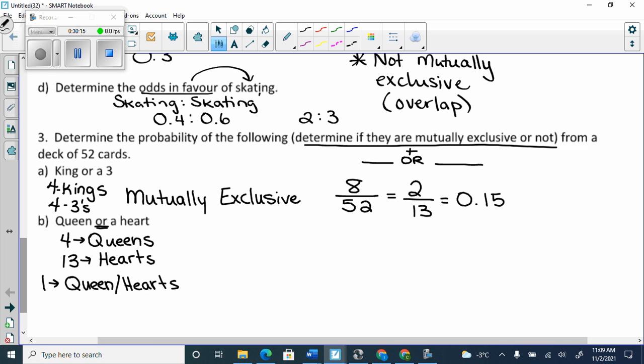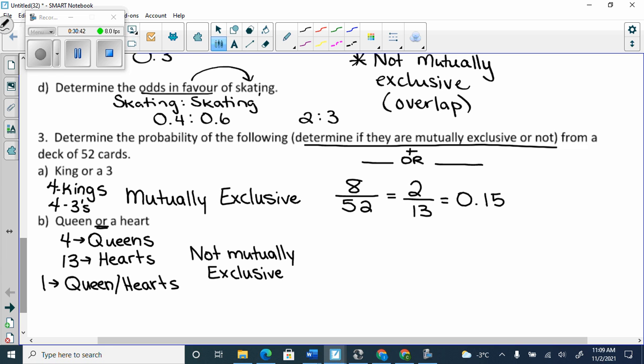Do we agree? There's one that overlaps, we agree? So is this mutually exclusive or not? It's not mutually exclusive. So when it's not mutually exclusive, we can actually add the probabilities of these two up and subtract off the overlap.